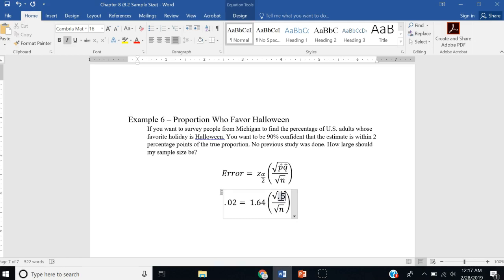In other words, it's where my probability of success and my probability of failure are both 50%. If that happens, we get our highest sample size.